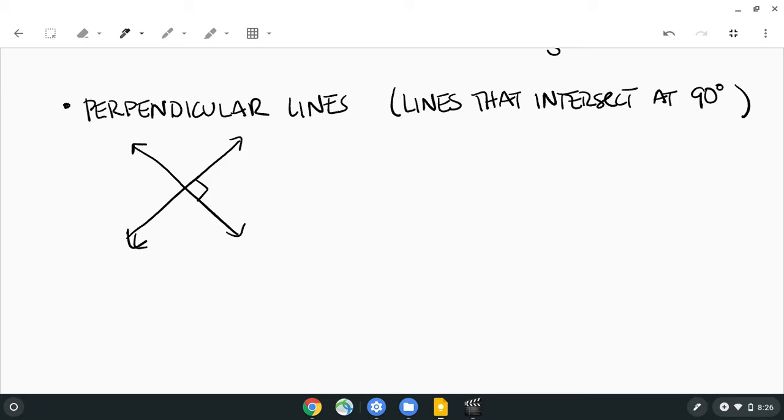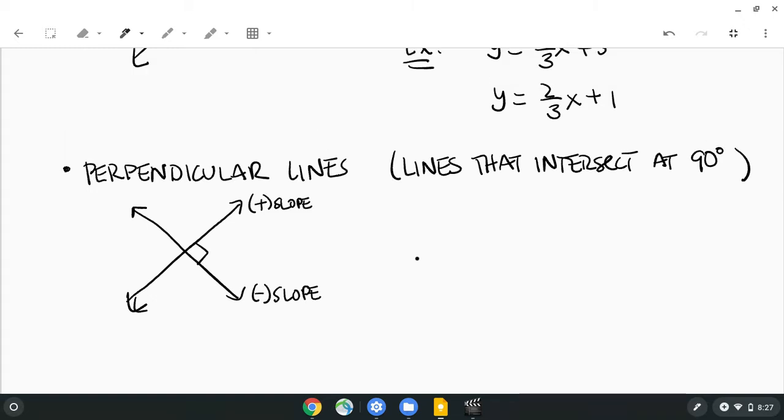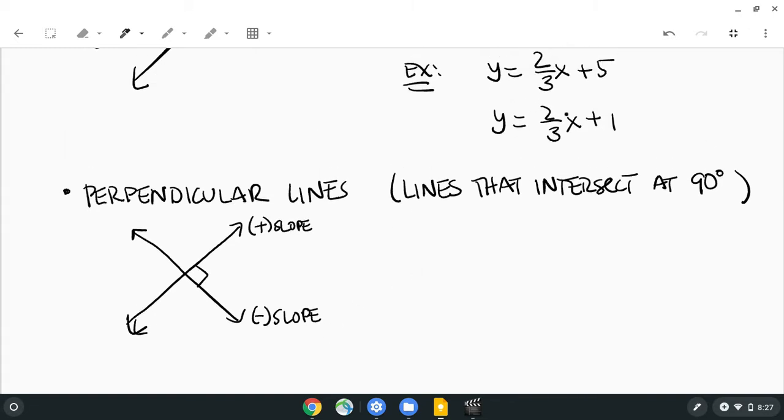So if you notice here, when we're talking about perpendicular lines, one of them is a positive line, so this one has a positive slope. And this one over here has a negative slope. So since one of them is positive and the other one's negative, we already know they're not going to have the same slope like parallel lines.